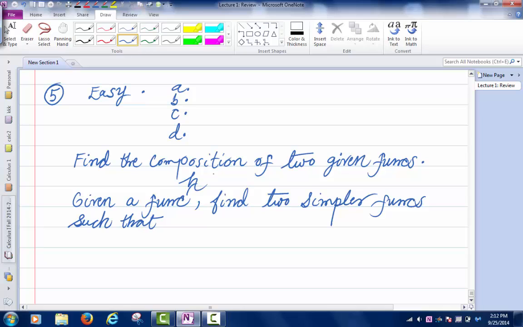Given a function h, find 2 simpler functions f and g such that h is the composition of f and g. So that's what I mean. So this is sort of the opposite of the other one, because in the other one you're given 2 functions, find the composition, and this is given a function, find 2 functions whose composition will give you that function.